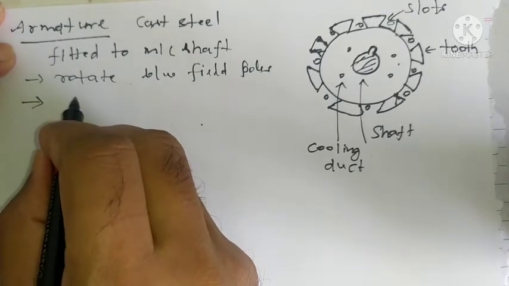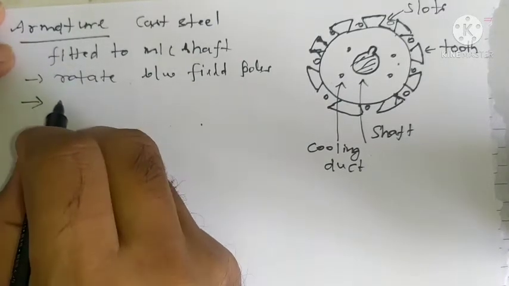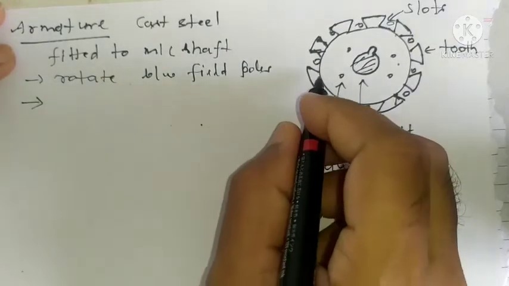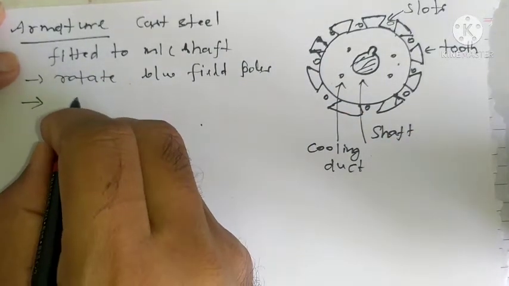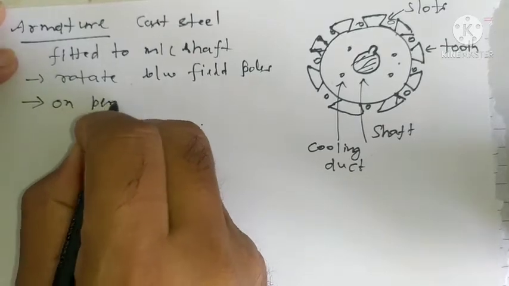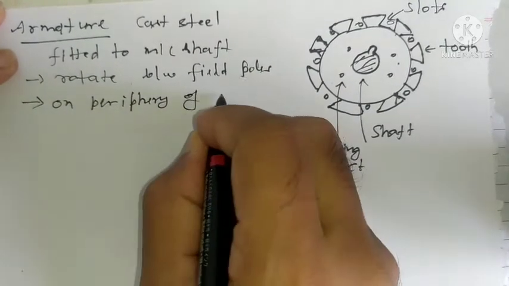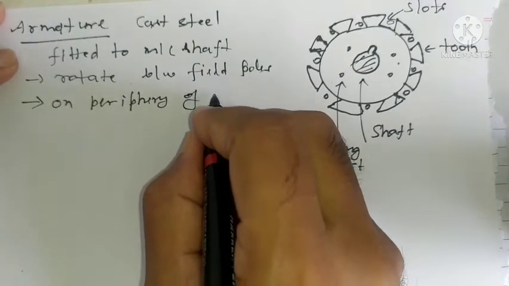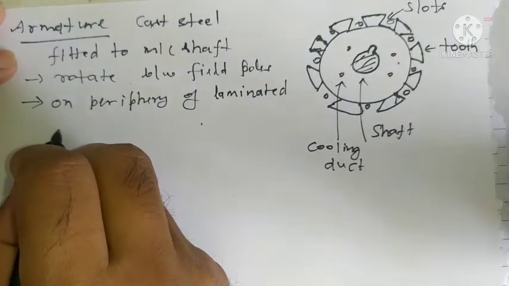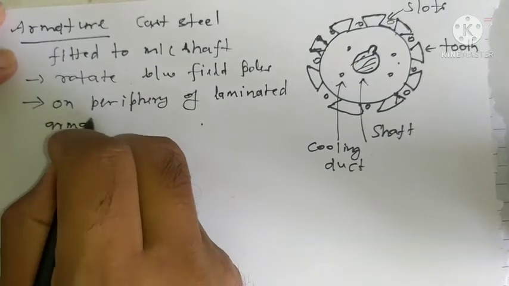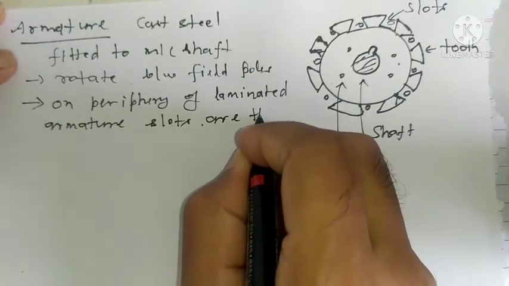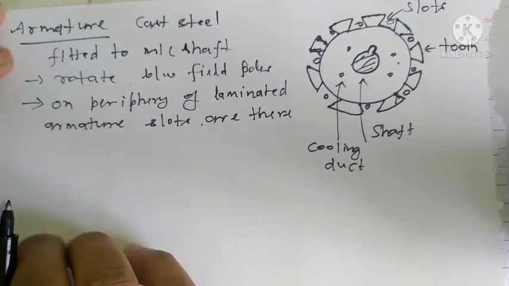The cast steel, that is soft iron insulated laminations, is used for making this, and on the periphery of the laminated armature, slots are made.